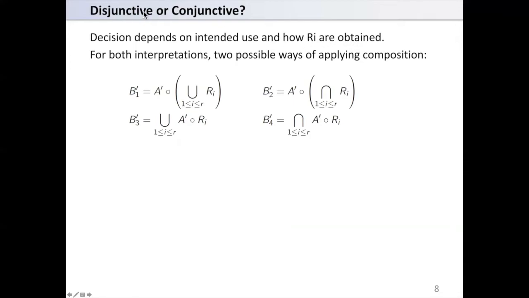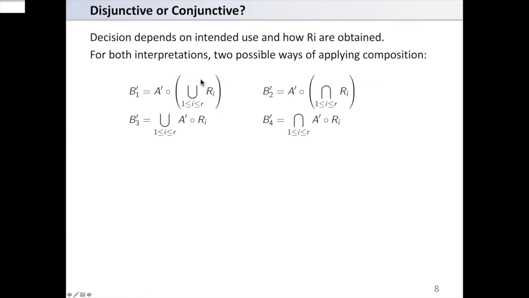For disjunctive and conjunctive forms, we have 2 possible ways of applying compositions. We may either apply the composition with the fact A prime to the union of the relations representing each rule.